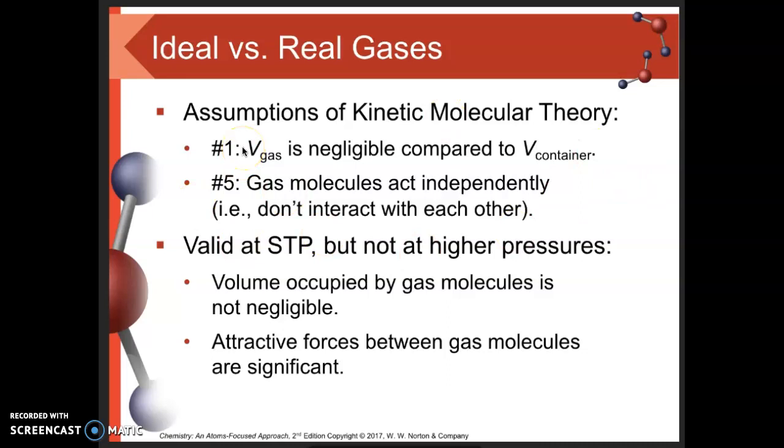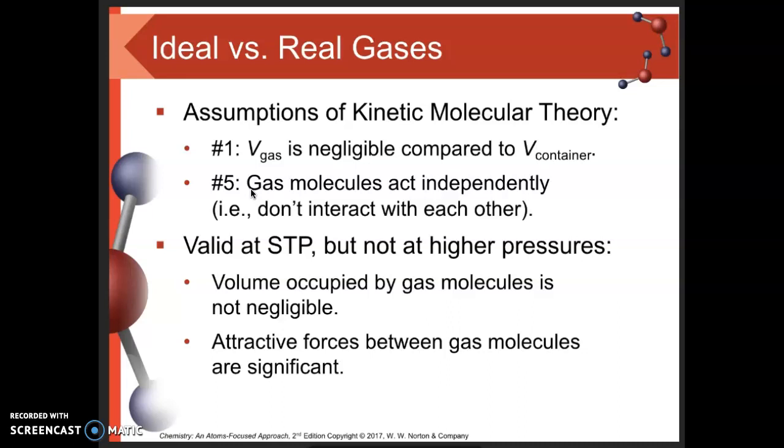And that flies directly in the face of two of those fundamental assumptions. The first is that when the container is gigantic compared to the size of the gas particles, we can generally ignore the gas particles having volume. When that's not true, then we have to account for the space that the molecules take up, and that's an adjustment we have to make. The last assumption deals with the lack of attractive forces.